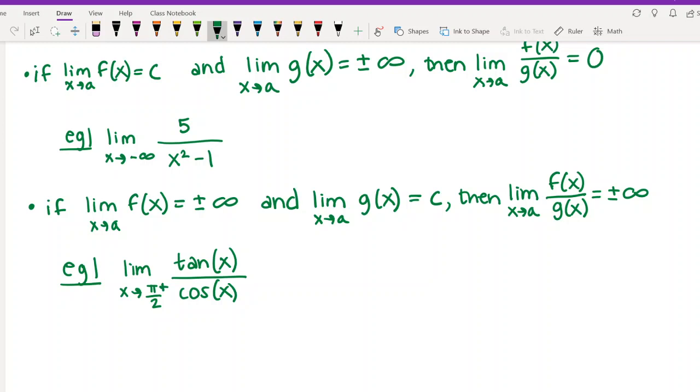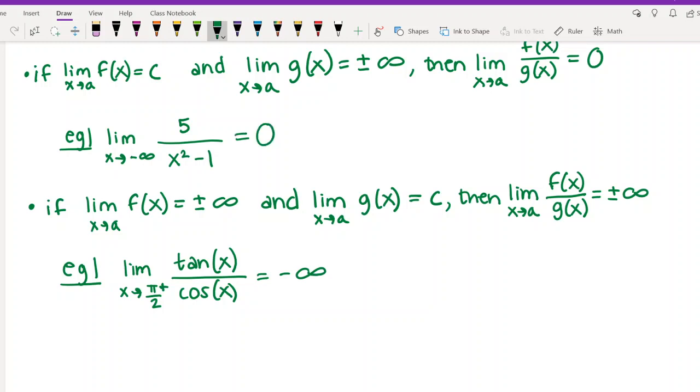If you think about the graph of tangent, the vertical asymptotes happen at pi over 2. I don't want to spend too much time on this, but go look at a graph and convince yourself. So the numerator would be going to negative infinity, and the denominator, cosine of pi over 2, is 1. And so this overall limit would be negative infinity.